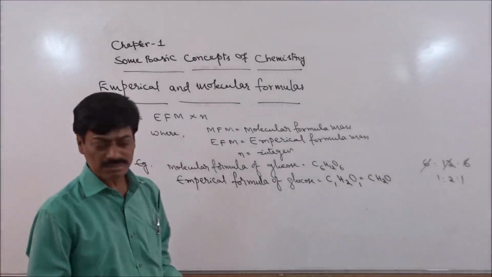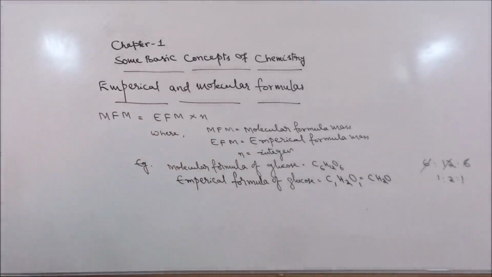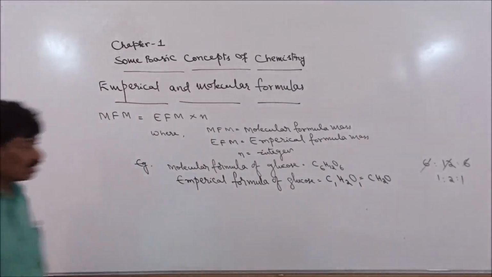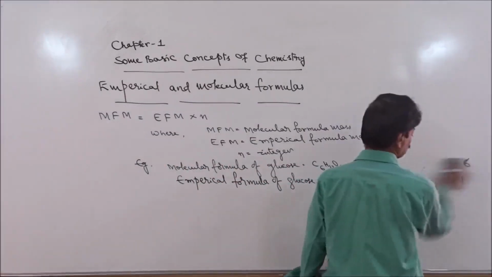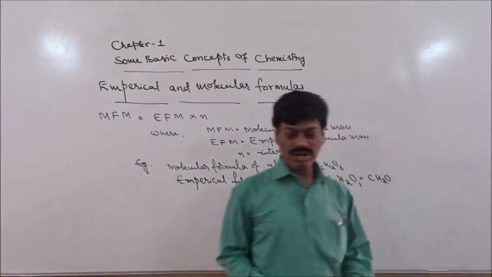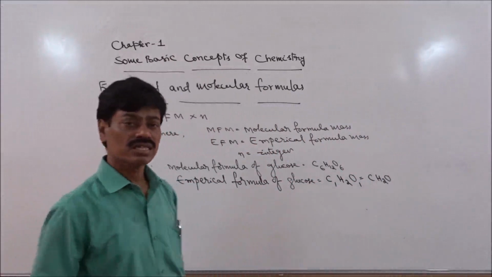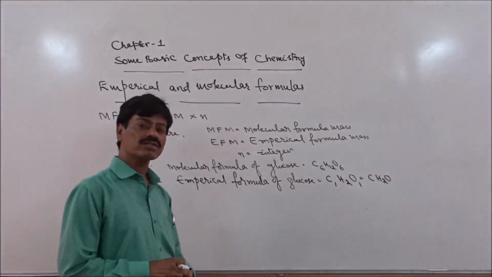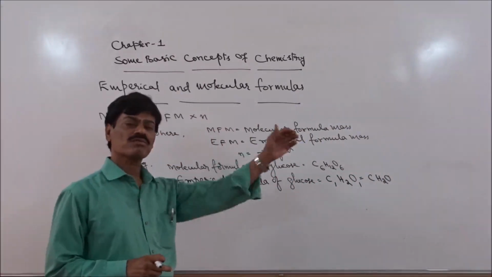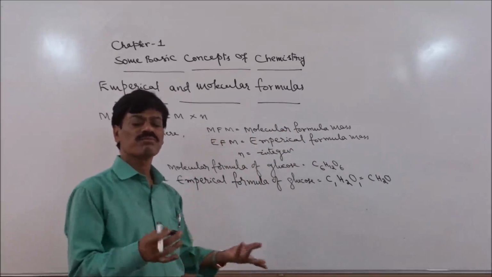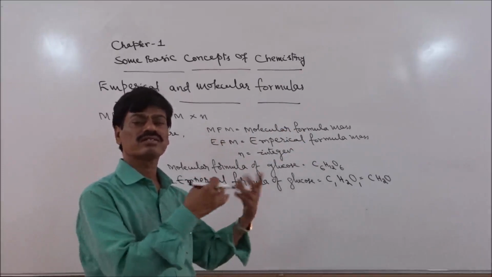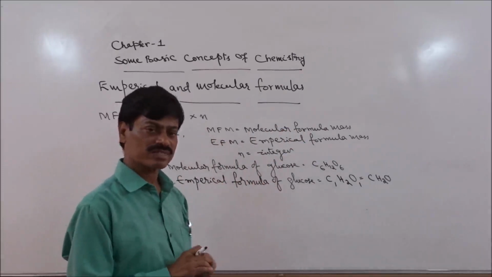It is very simple, just by minimizing the ratio of the number of atoms of different elements. If not possible, then the molecular formula itself is the empirical formula, or vice versa.